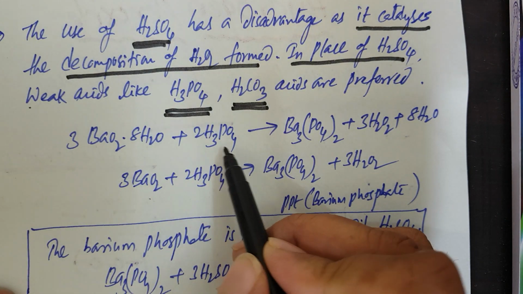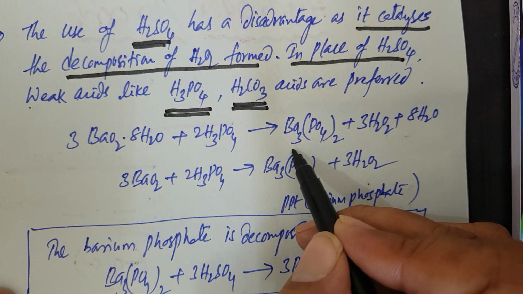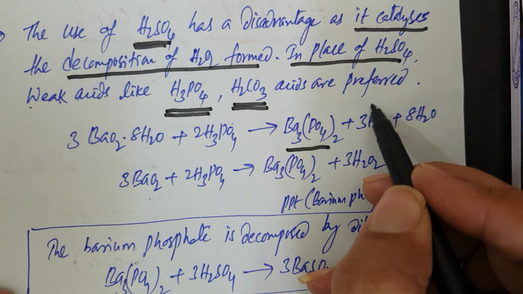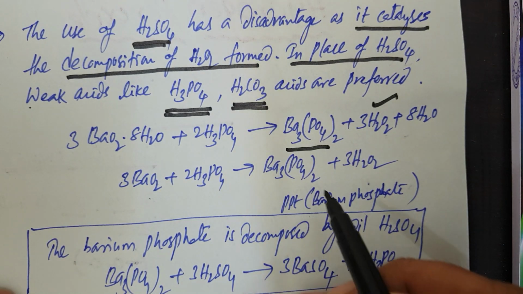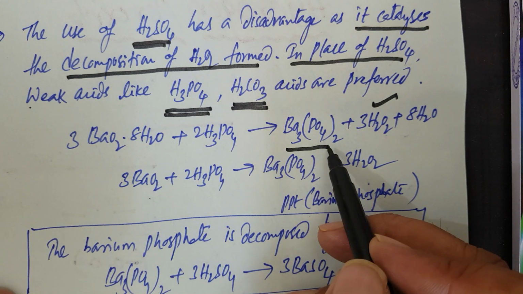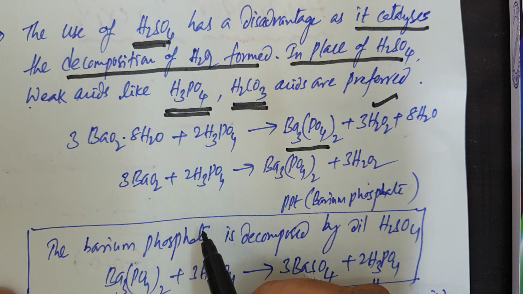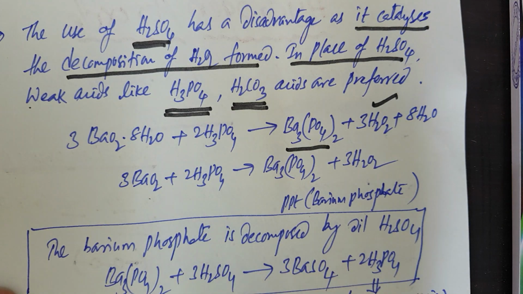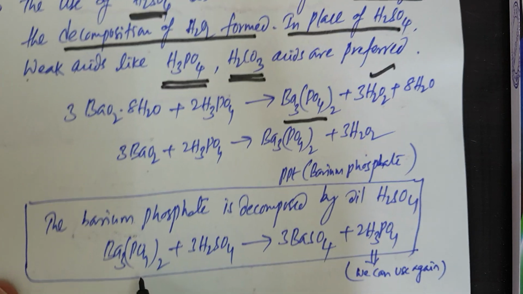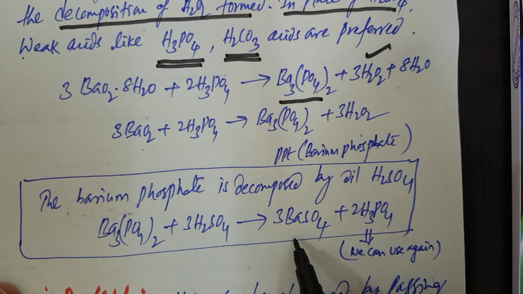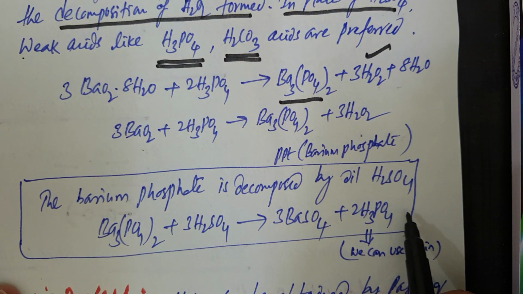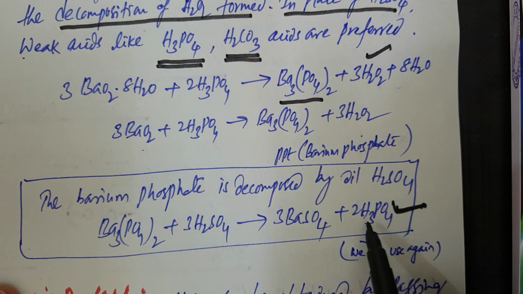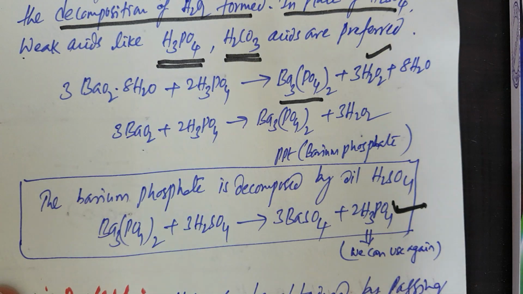Barium peroxide reacts with phosphoric acid forming barium phosphate and hydrogen peroxide. Similarly, barium phosphate reacts with sulfuric acid, and again you will get phosphoric acid. This we can use again.